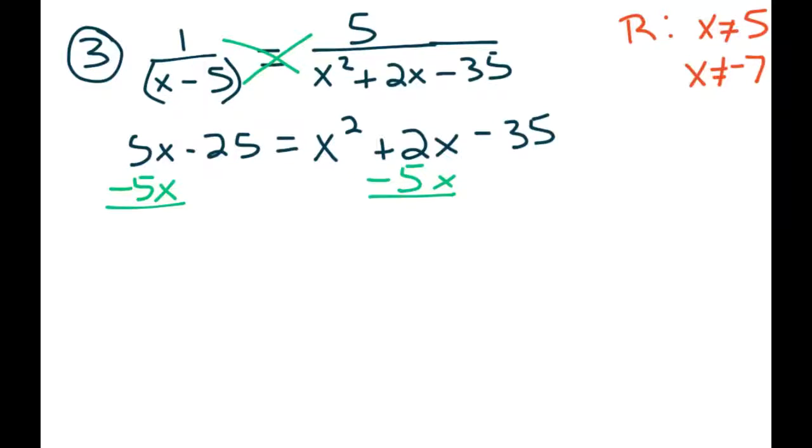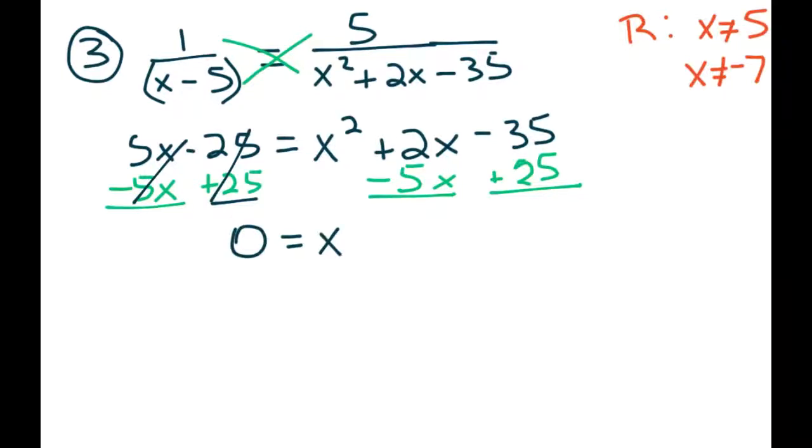And I'm going to save some room here as we're working. I'm going to go ahead and add the 25 to both sides. Okay. So what that leaves me is 0 on this side. I'm going to bring down my x squared because I did not add or subtract anything to that.